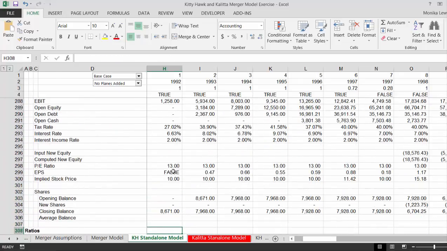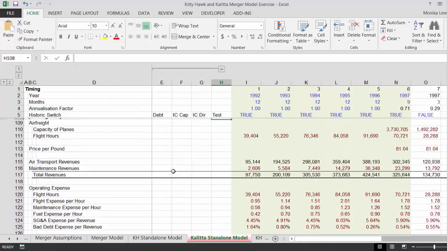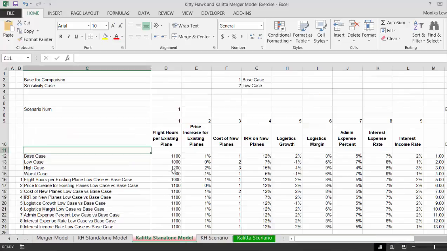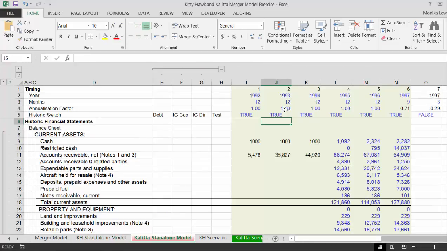Finally, some financial ratios. And then we have the financial model of the target company. It could be in any form; it doesn't matter if the years are in a different place or anything like that.